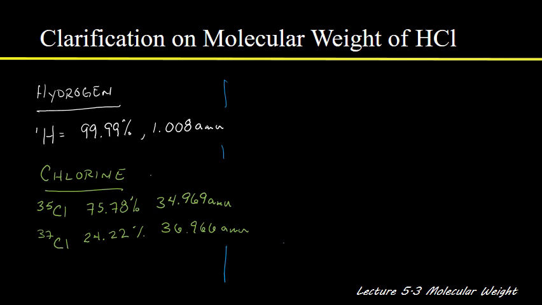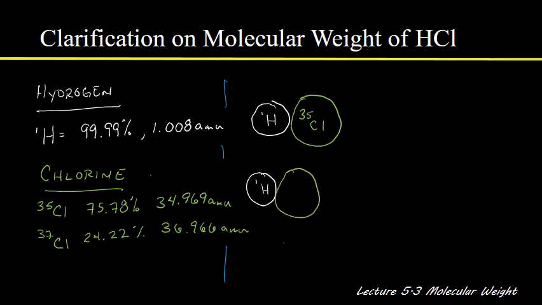Okay. And so what that means is that if you have a bunch of molecules of hydrogen chloride, some of them are going to be this type. About 76% of them are going to be that type, and about 24% of them are going to be that type.